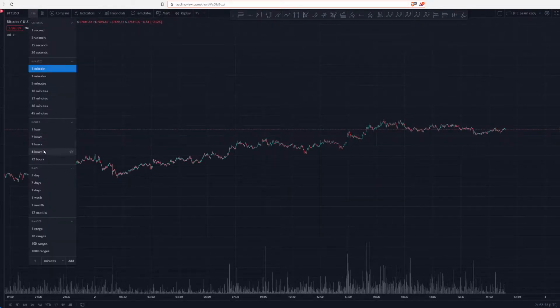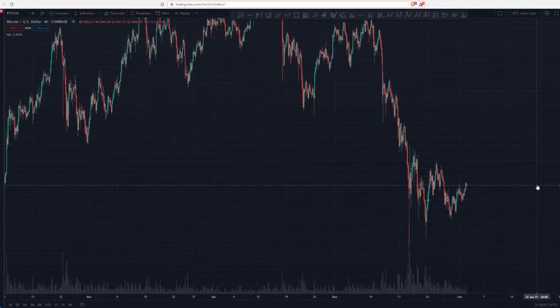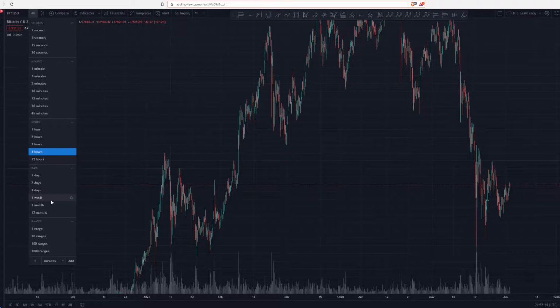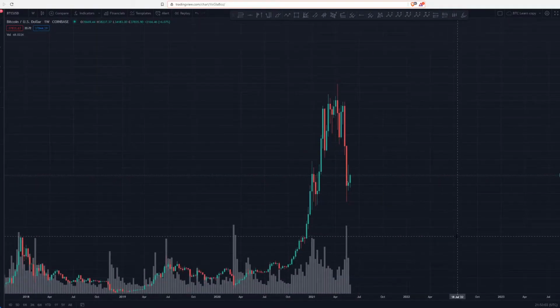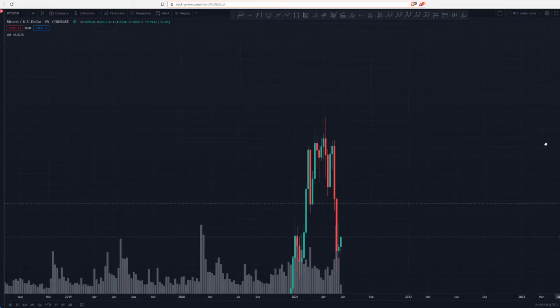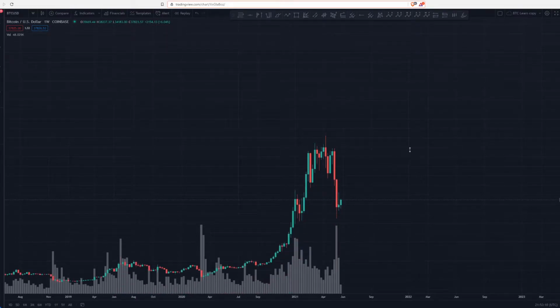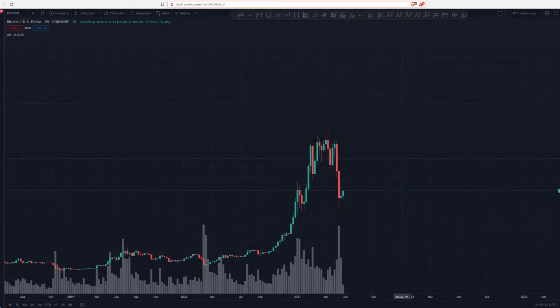In general, if you're looking at a fresh chart, you always want to start with a higher term time frame. If you ever see us type HTF, that's higher term time frame, LTF is lower term time frame. So you always want to zoom out. On the weekly, we've gone up a lot.